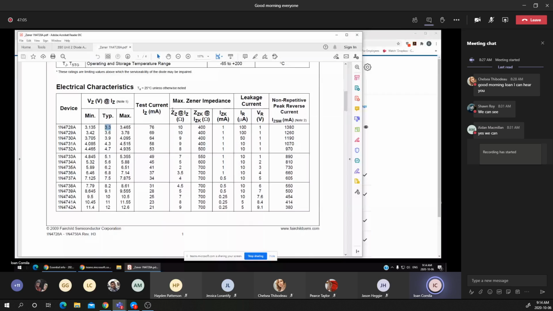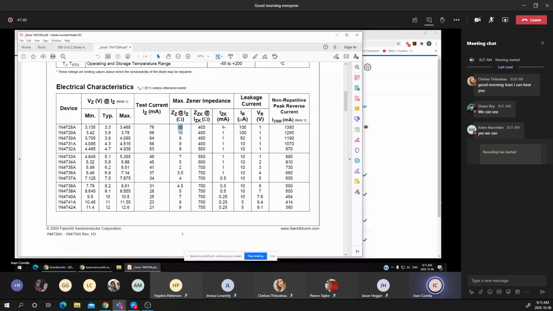And those are the test current. They give you some basic information about the test current for a given VZ. For a given VZ, there's the IZT, or simply the IZ, like 76. Those are given values. They are measured and provided for a given test current.